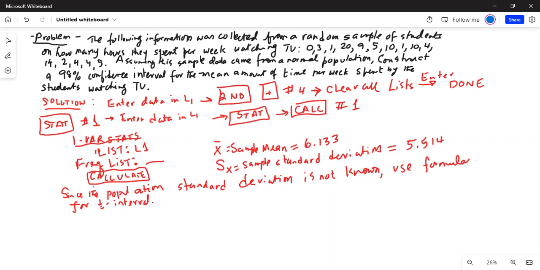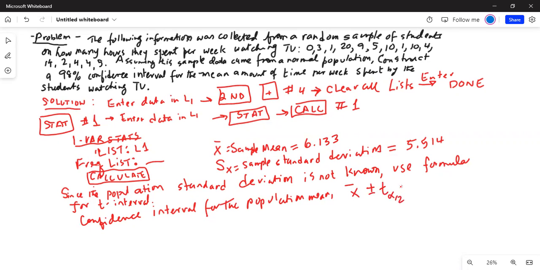Okay, so confidence interval for the mean, population mean, is given by x bar plus minus T alpha by 2 multiplied by S divided by square root of n.